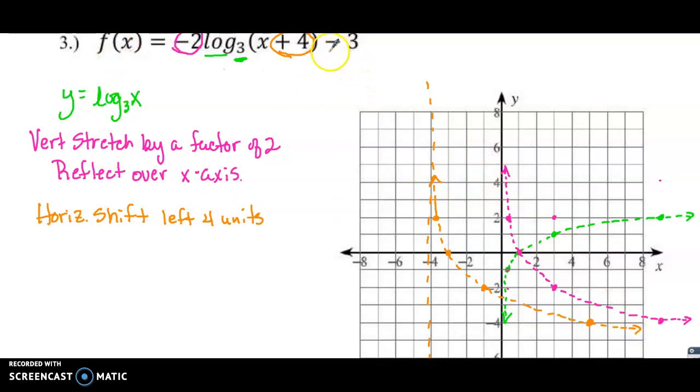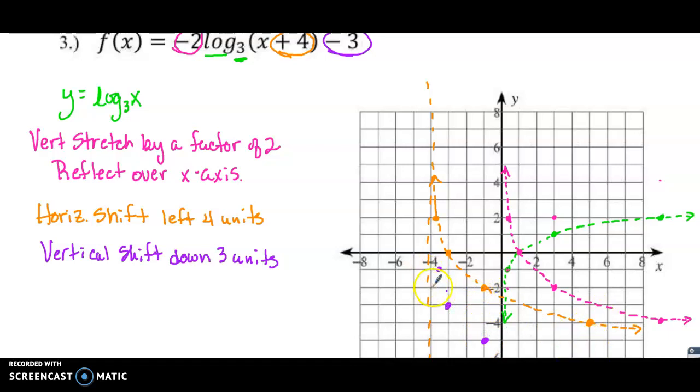And lastly, we have our -3, which is our vertical shift. And we're going to go down, follow the sign, 3 units. So when I go down 3, 1, 2, 3 for each point.